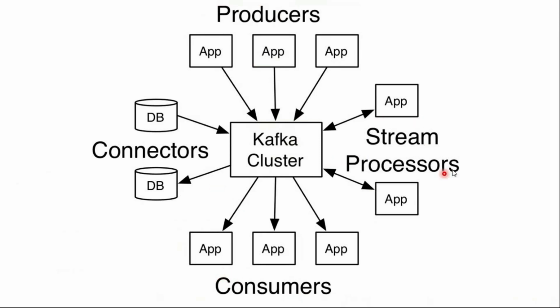Then we have the stream processor. Kafka also provides a streaming API which is able to analyze and process streaming data, the live streams of messages coming from the producer. So Kafka provides a feature or API so that you will be able to process those real-time messages and then share the outcome.